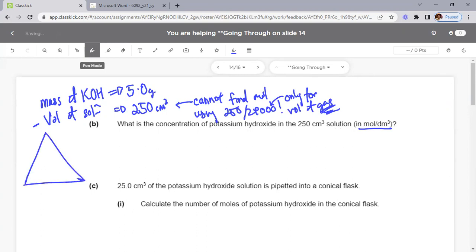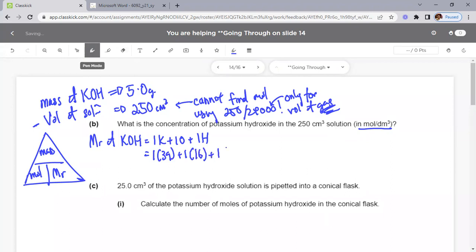So I'm going to use the triangle: mass of KOH, mole, and MR. Based on this, I need to first find the MR of KOH. So how to find the MR of KOH? I know there's 1 K plus 1 O plus 1 H. This is 1 times 39 plus 1 times 16 plus 1 times 1. Where do 39, 16, and 1 come from?